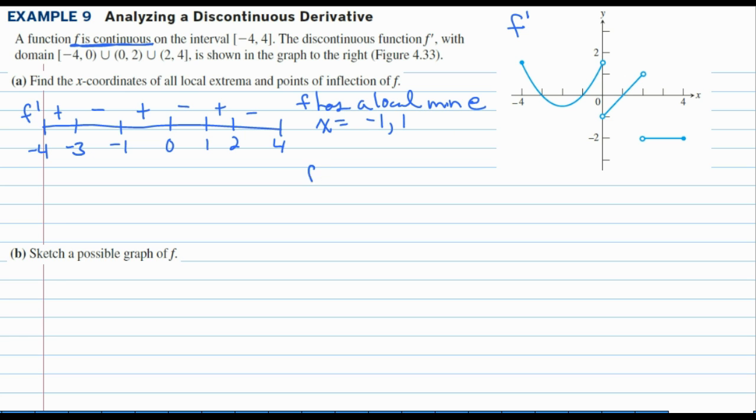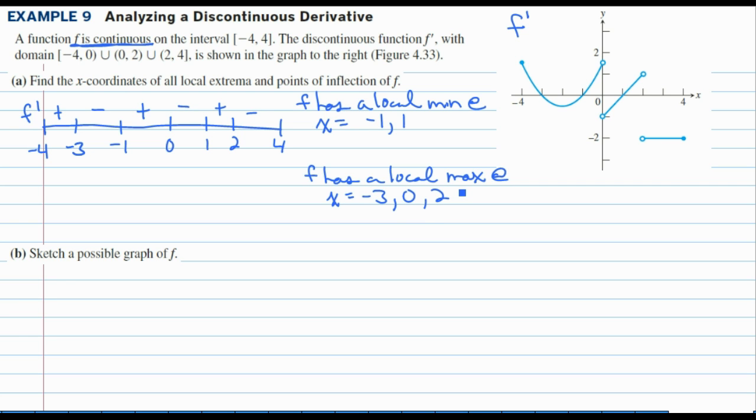Alright, how about where f has a local max? That's going to happen where f changes from increasing to decreasing, so where f prime changes from positive to negative. So that's at x equals -3 from positive to negative, 0, positive to negative, and 2.